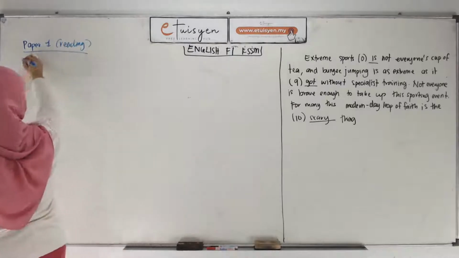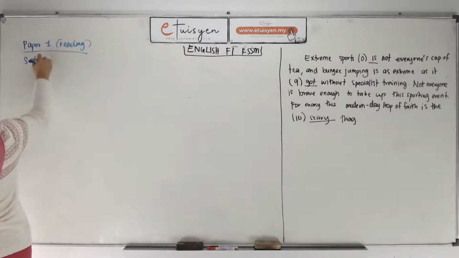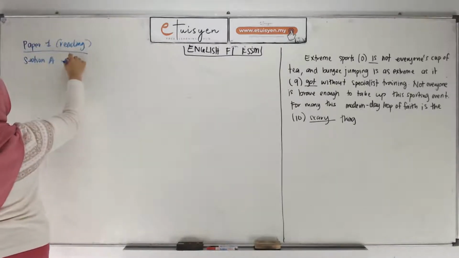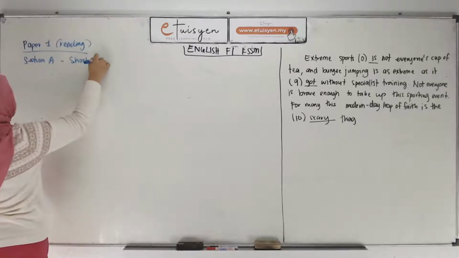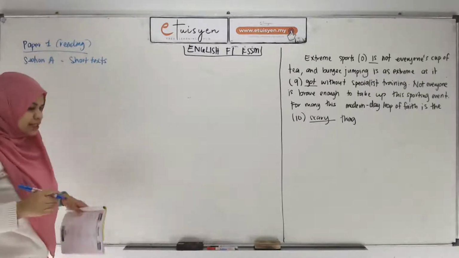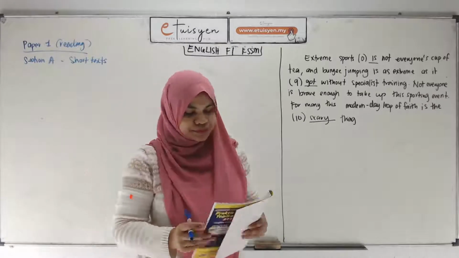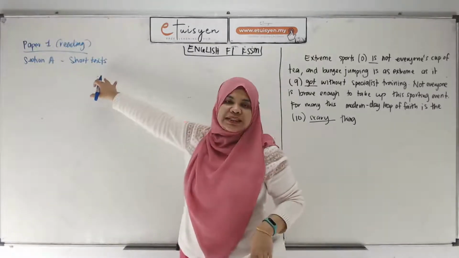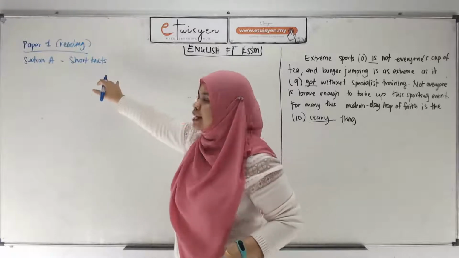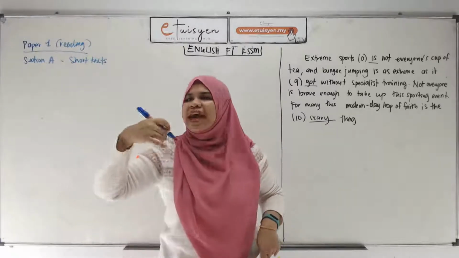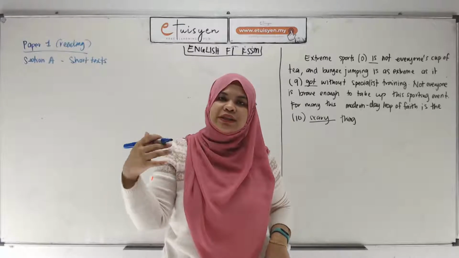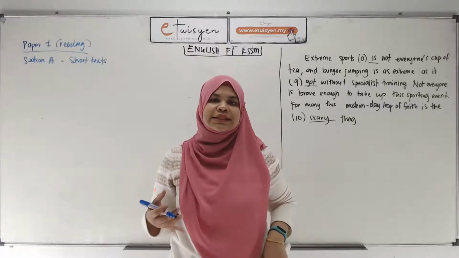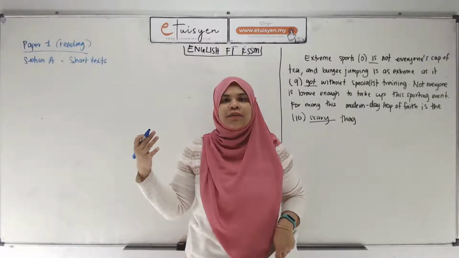So section number 1, or we call it section A lah. Section A is actually short text. Okay, short text ni akan bagi you dalam multiple choice, and then they will give you advertisement, they will give you short text dalam email ke, messages ke, graph, bar charts.